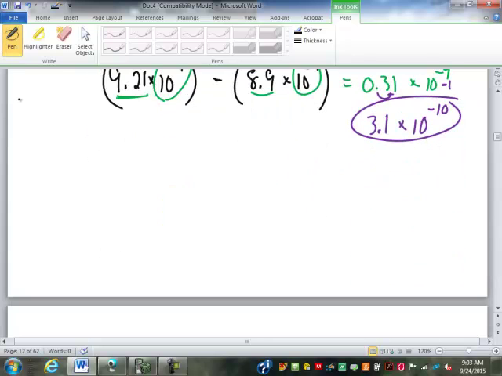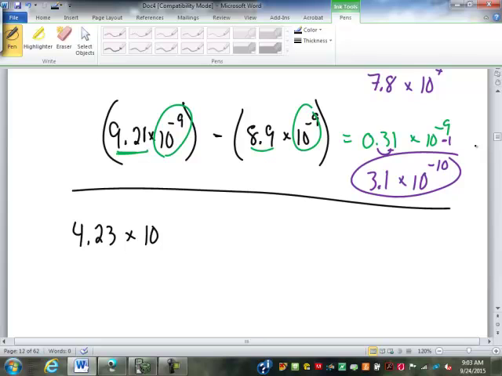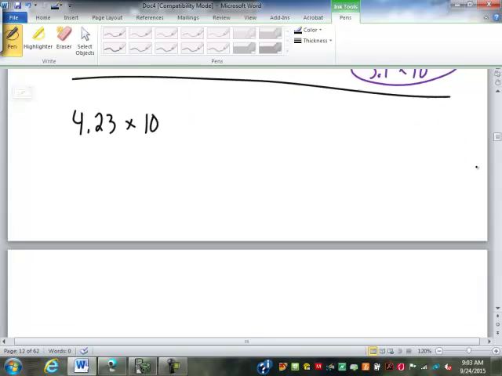So those negatives keep haunting us. Why don't you guys try a couple? That's a positive one, so it's negative 9 minus 1, or negative 9 plus a negative 1. Yep. So 4.23 times 10 to the 7th minus 3.69 times 10 to the 7th.